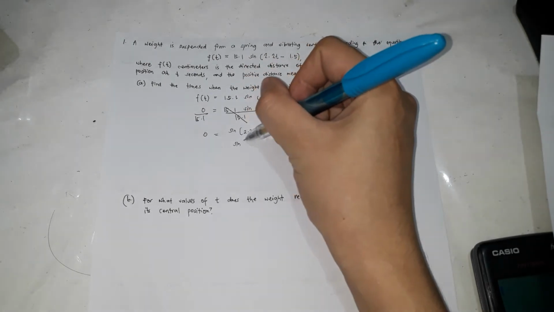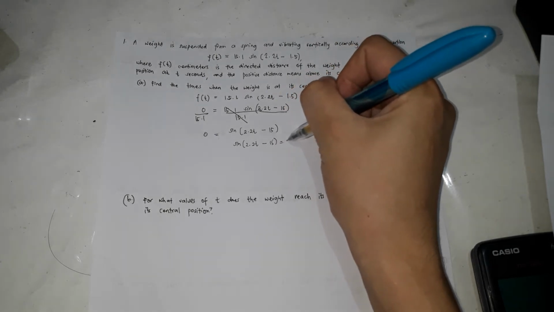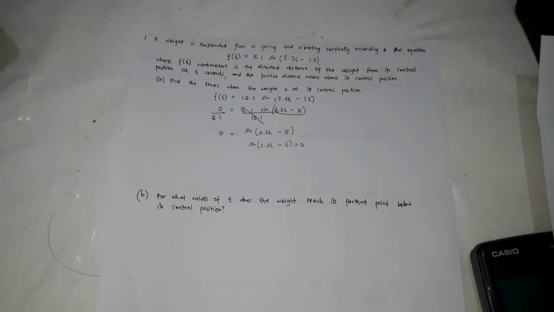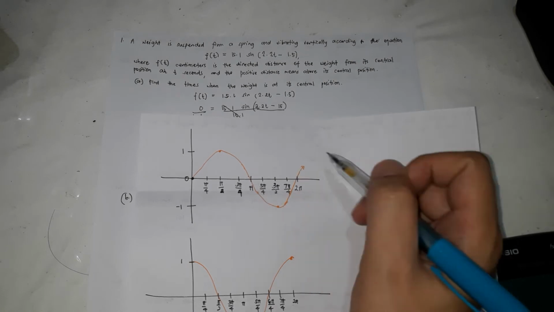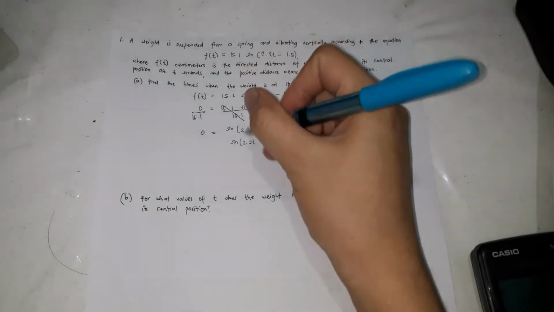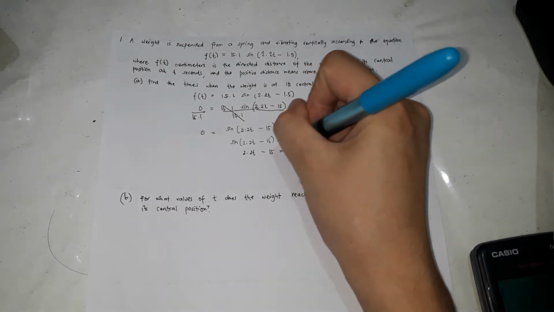Or we're going to transpose this so that it would be easier to look at. So what angle would equal 0? We know that theta would be equal to 0 at pi and 2 pi. So we could choose pi. So 2.2t minus 1.5 is equal to pi.